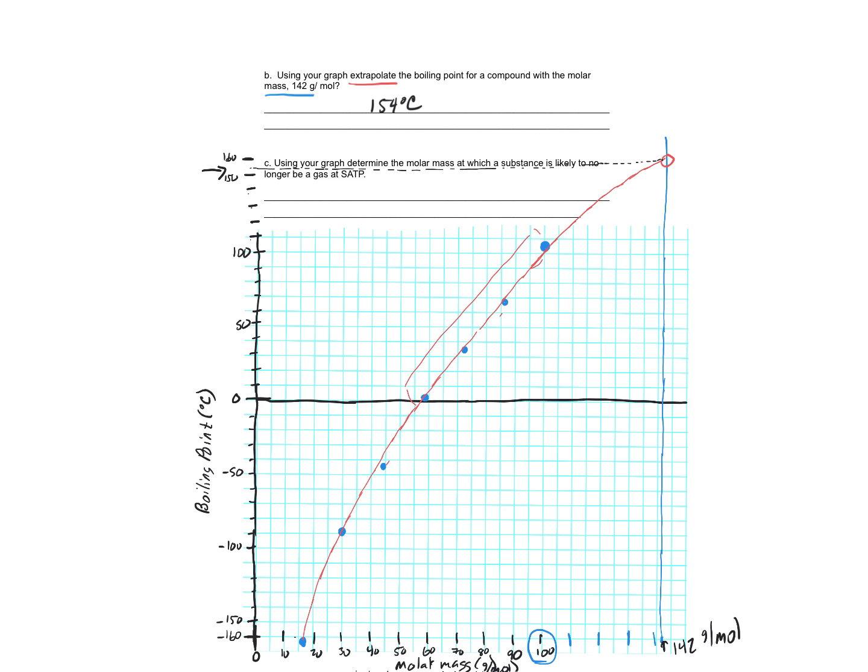That's fine. Okay, now for part C, it says, using your graph, determine the molar mass at which a substance is likely to no longer be a gas at SATP. So SATP, remember, is standard ambient temperature and pressure. That standard ambient temperature and pressure is 25 degrees. So if I go to 25 here, I'm going to go along 25 as best I can.